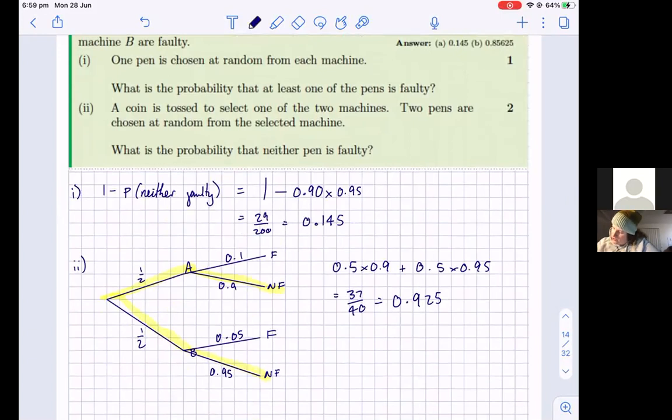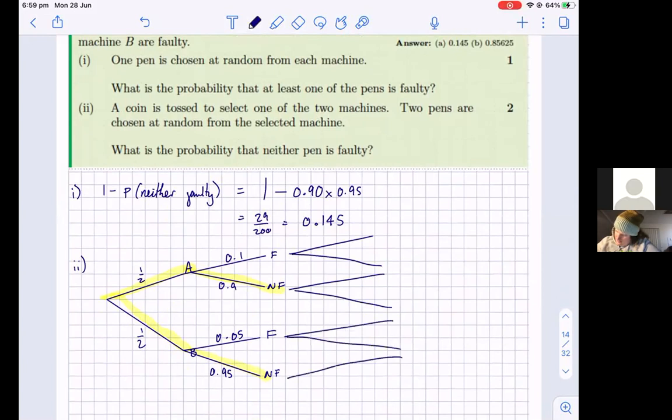Oh, 2 pens are chosen. So let me get rid of my highlighting. I didn't read the question. So if it's A, we could have 0.9 and 0.9.